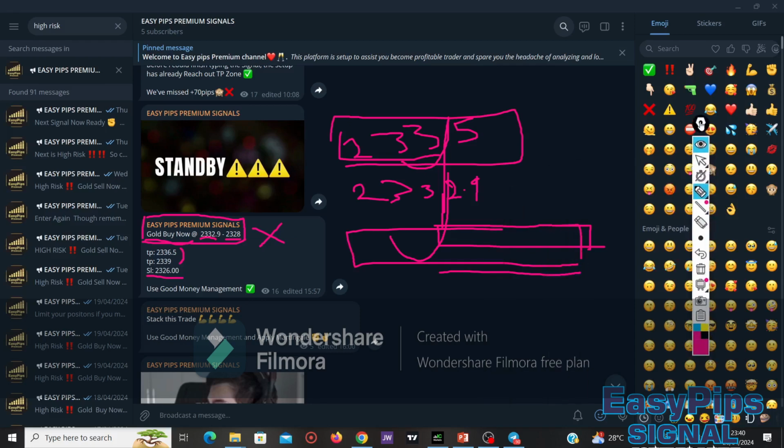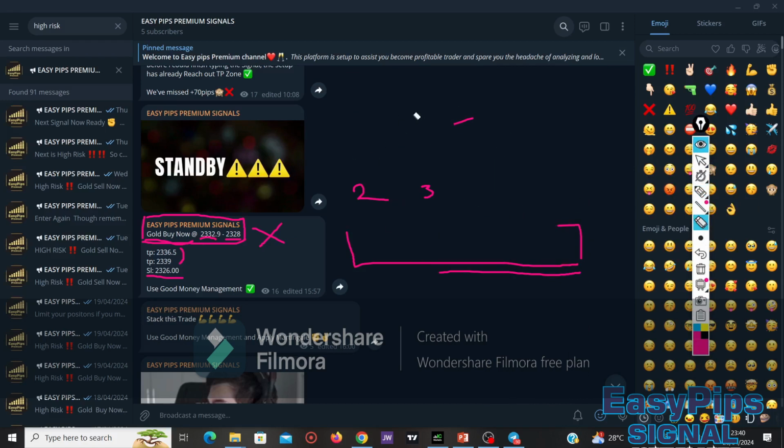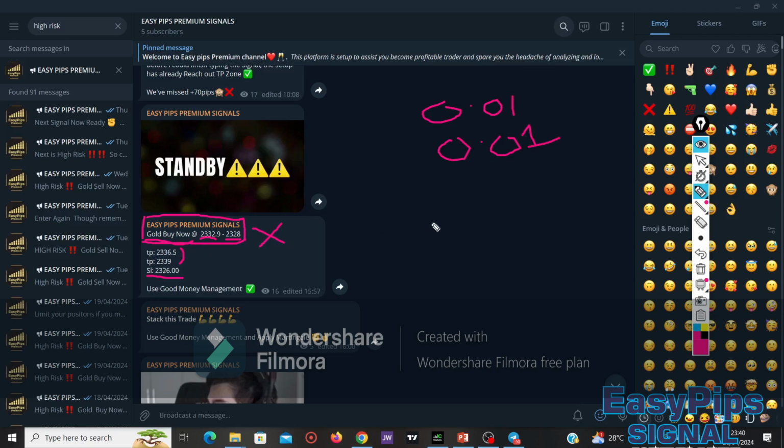So if the market should get to 2332.9, that's where Martingale comes in. So now the market gets to, assuming you are taking a trade, you intend to enter 5 positions, for example, and for the 5 positions you intend to spend a 0.1 lot size. Now I may come in here and use 0.01 on the first position on the first zone, which is this. You can enter this one at 2332 and enter that one there.